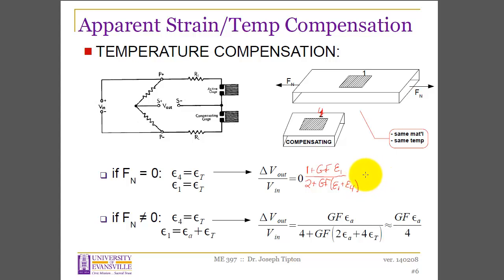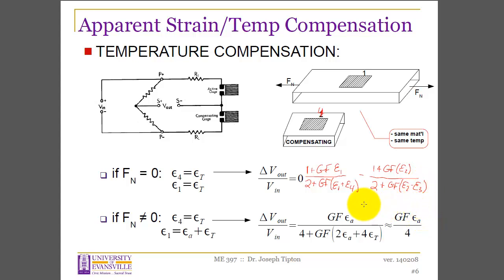Also, I have to subtract from that then what could happen on the other two arms of the bridge. So that's 1 plus the gauge factor times the strain in arm 2 of the bridge. There we go. And then divide that by 2 plus the gauge factor multiplied by strain in arm 2 minus the strain in arm 3.